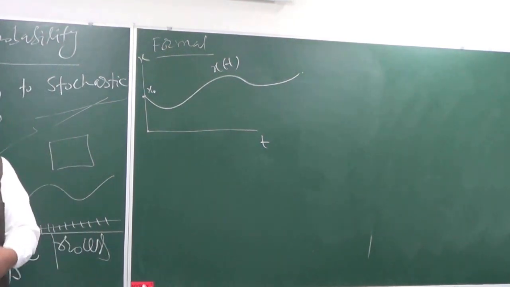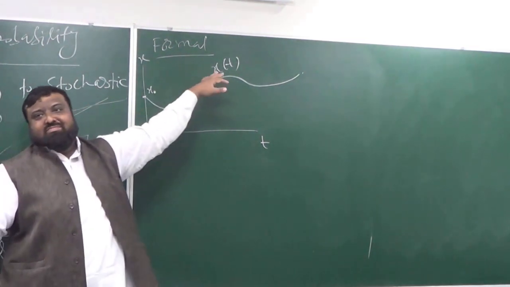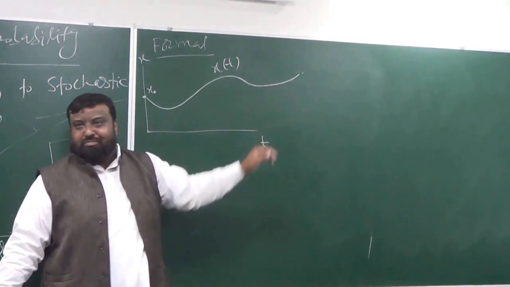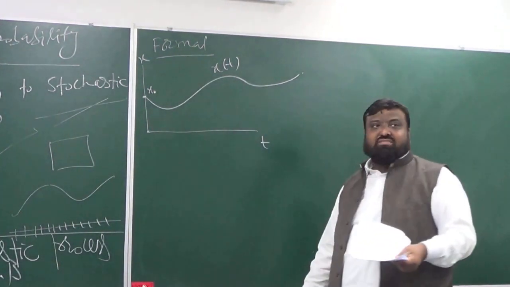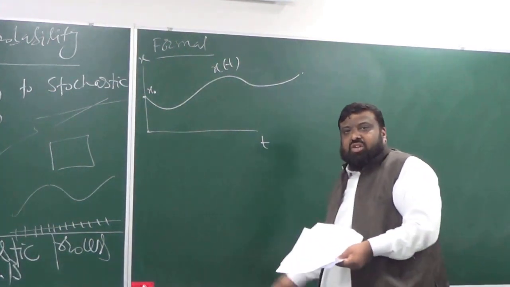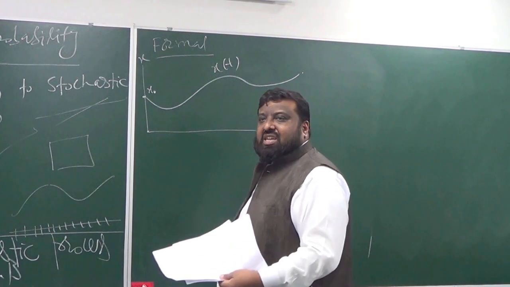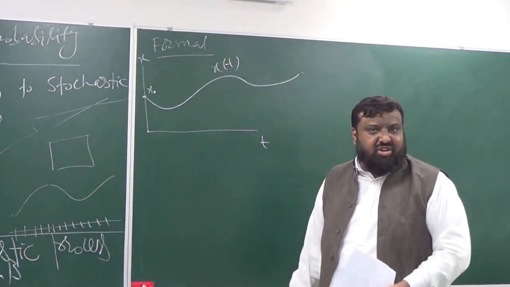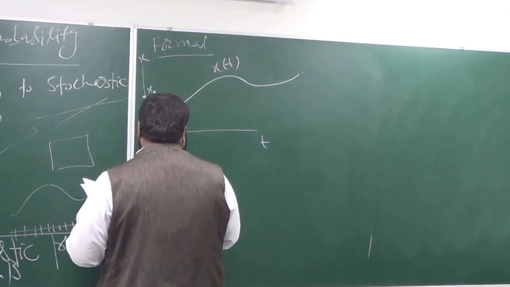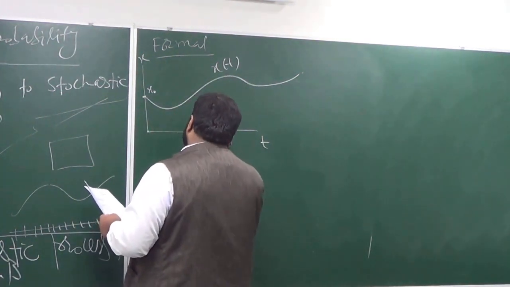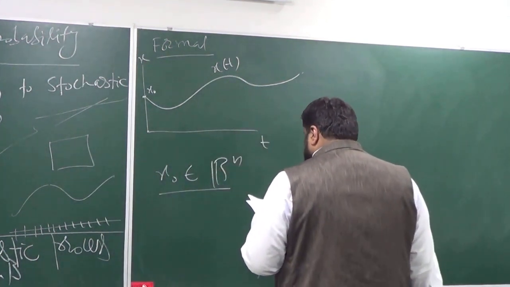So in other words, in Newtonian calculus we assume that everything is smooth. Now, how can you get this trajectory? To get this trajectory, you have what we call Newton's law. You just have to write a differential equation. Imagine x naught is something in R^n, we are in n dimensions.